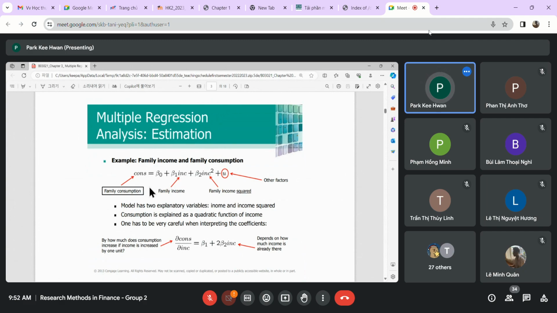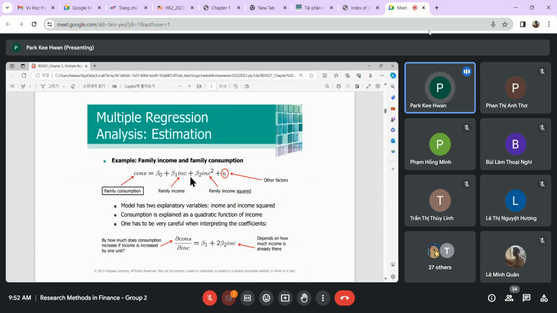But when you have the multiple regression, you can have another variable, in this case, the squared income. By having squared income in your regression, where it's a multiple regression, you have a more flexible functional form.